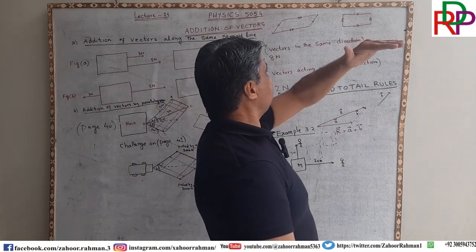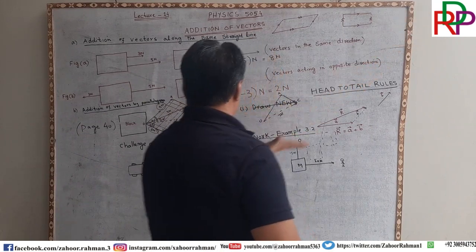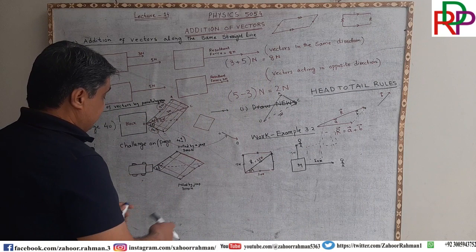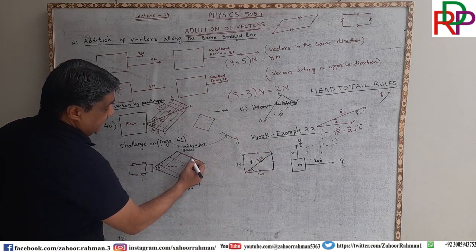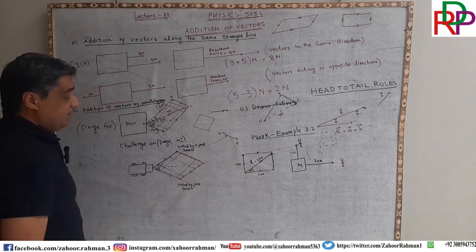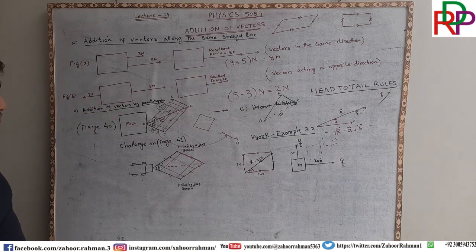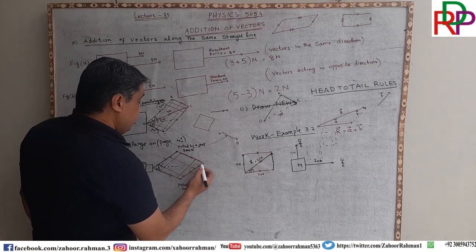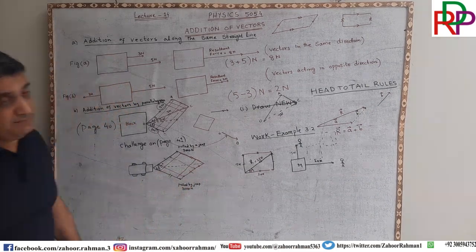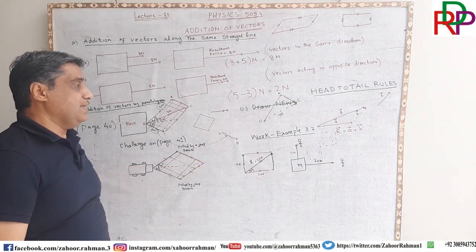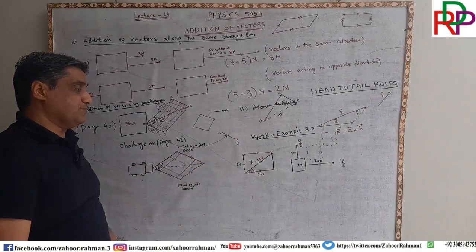So parallel lines and parallel lines, they are making a different shape, but this will be equal in magnitude to this one, and this will be equal in magnitude to this one. Then you have to measure this line, and whatever line you are getting, that will be the answer.